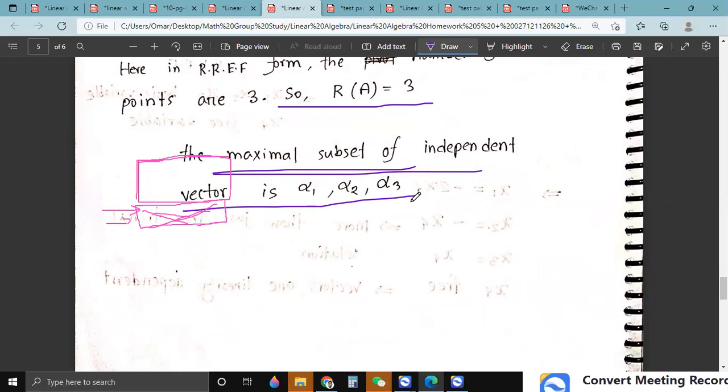So alpha 1, alpha 2, and alpha 3 were independent in that case.